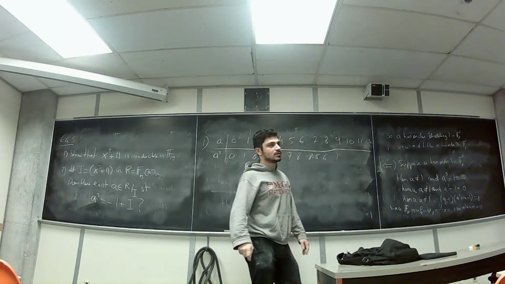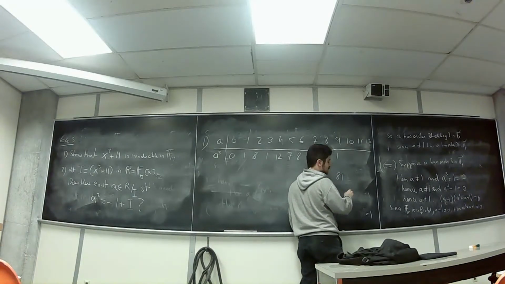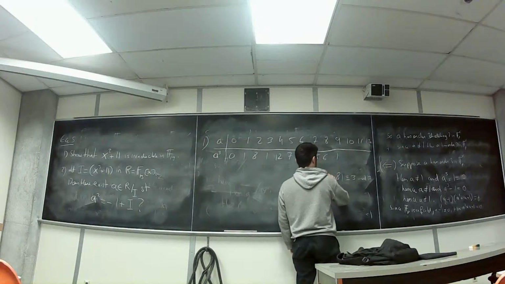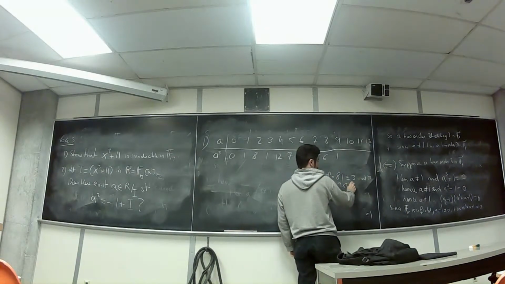So you have 81. 81 mod 13 is 3. This is 9 squared. And 9 cubed is just 9 times 3, which is 1.